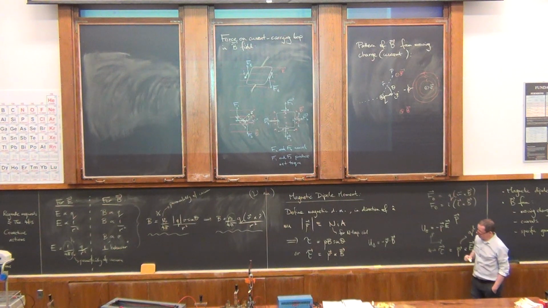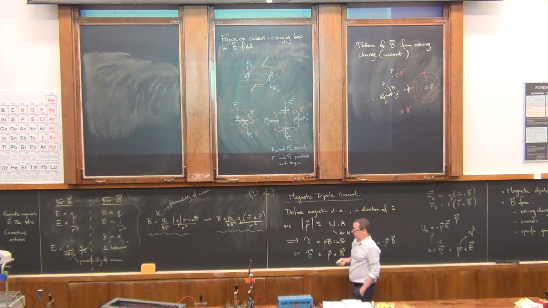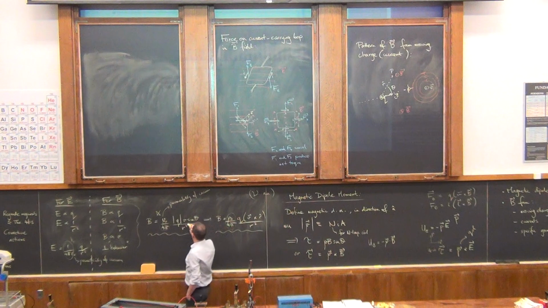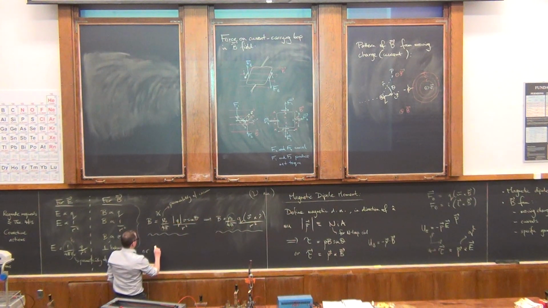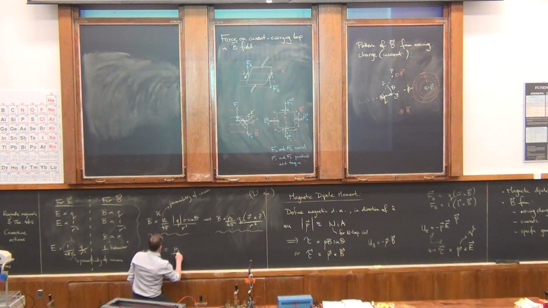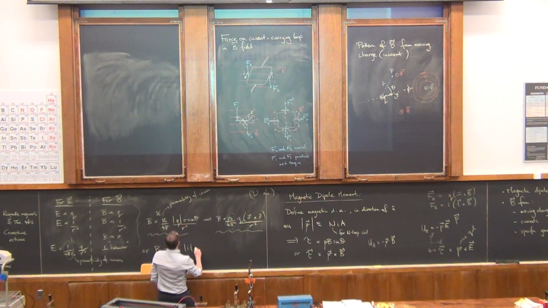So it turns out we can do the same thing over here. We can take the time from this and put it in the current over here. So B equals mu 0 over 4 pi, I. We make this the magnitude of the current.